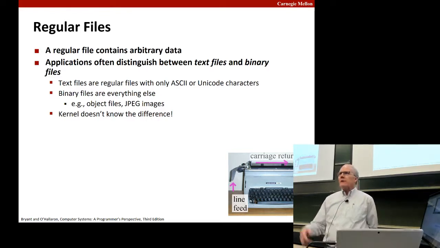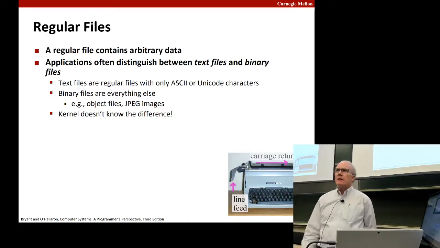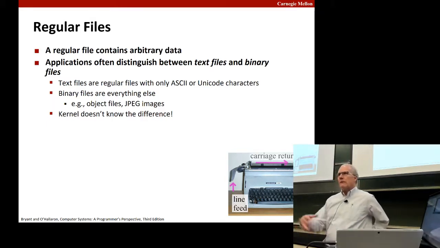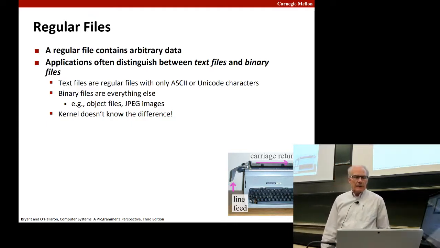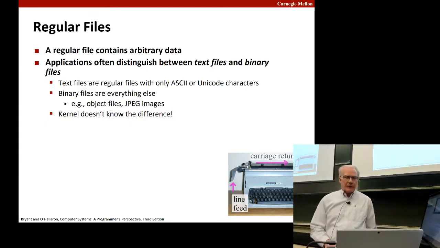Often we think about there being a distinction between text files and binary files. Text files, especially ASCII or just 8-bit characters, are common, but you've probably also dealt with Unicode files, which let you encode the characters of other languages. But like I said, the operating system doesn't really know that.